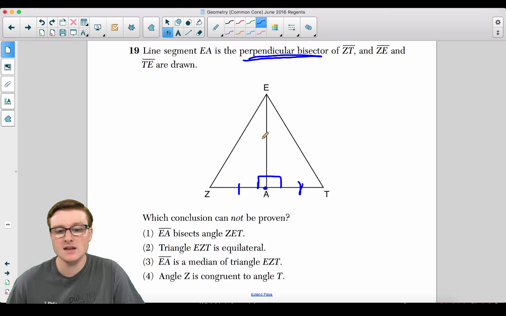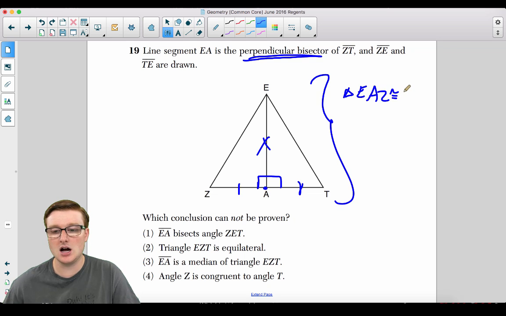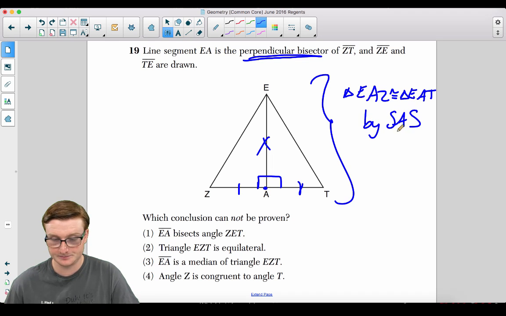Now, EA is reflexive. Well, why am I telling you all this? Well, because we can conclude based off of this information that triangle EAZ is congruent to triangle EAT by side angle side.